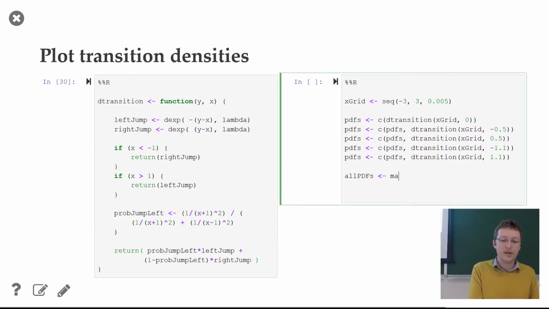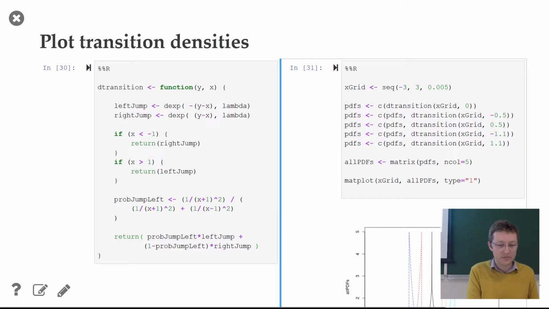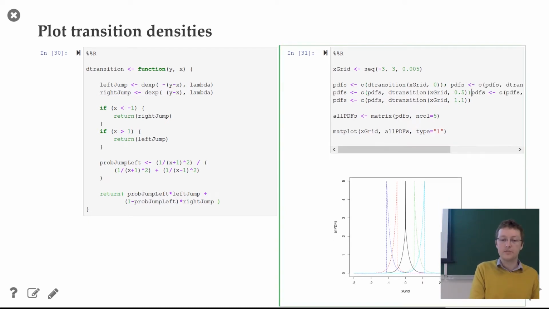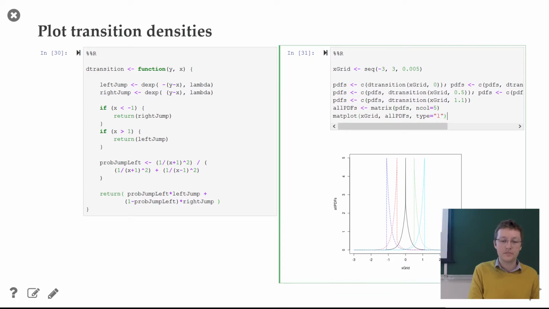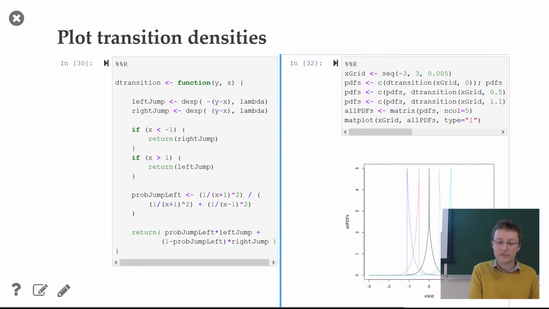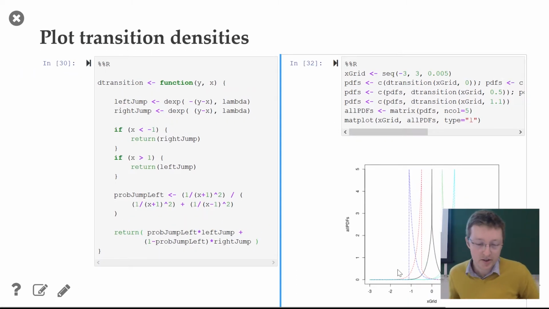The only way I could find R to make some plots all at the same time is to put them into a matrix and then use matplot. Try to make it so that you can see it. No, that's barely visible.